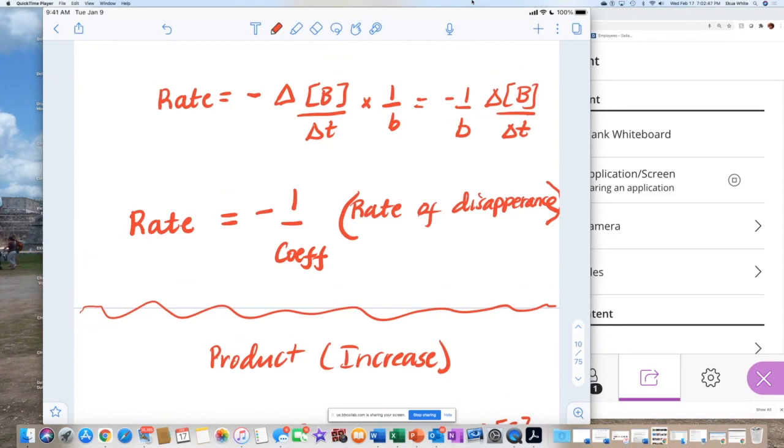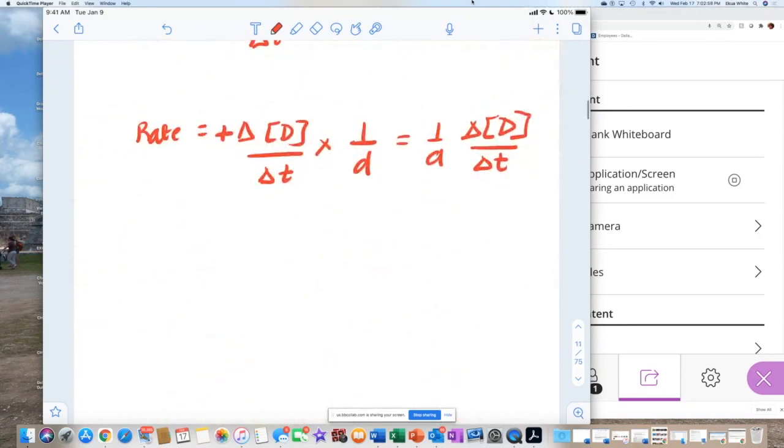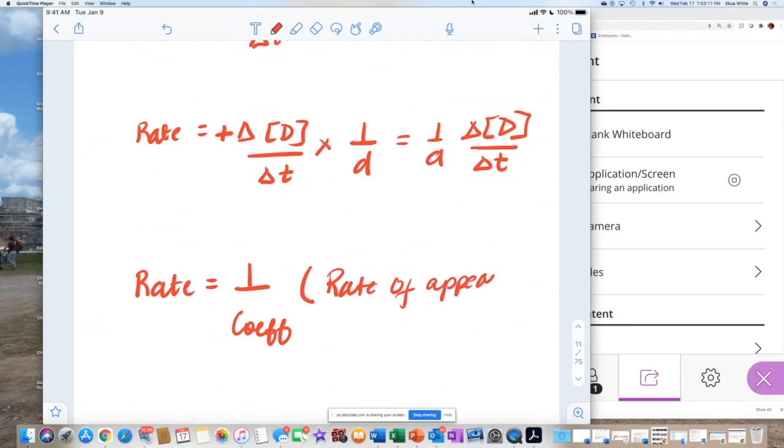And I'm like, what? These words were never used, but they want you to understand reactants disappear as they decrease with time in the chemical reactions, while products appear. So you want to be aware of this alternate way of writing the rate of the reaction. 1 over coefficient times rate of appearance. Okay, you want to be prepped.